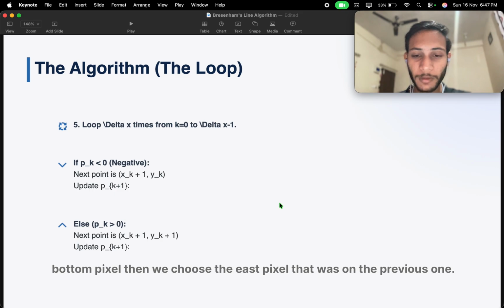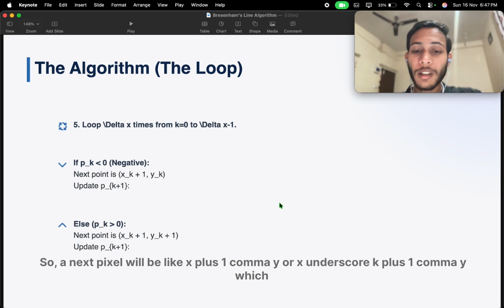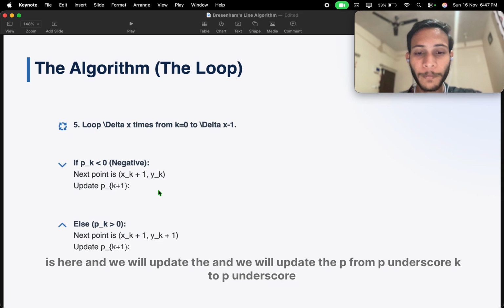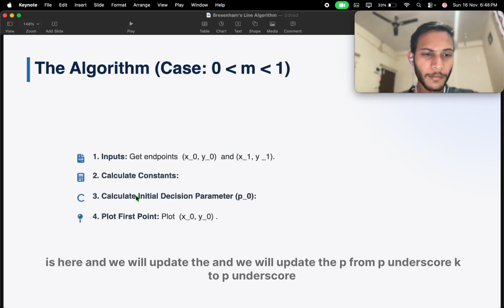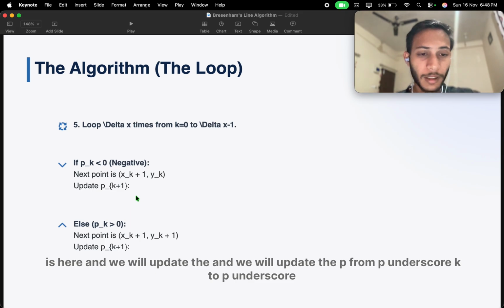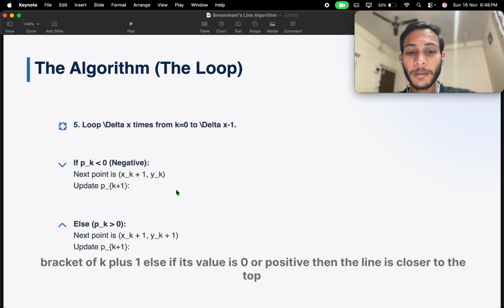Our next pixel will be x_k plus 1, y_k, and we update p_k to p_(k+1).